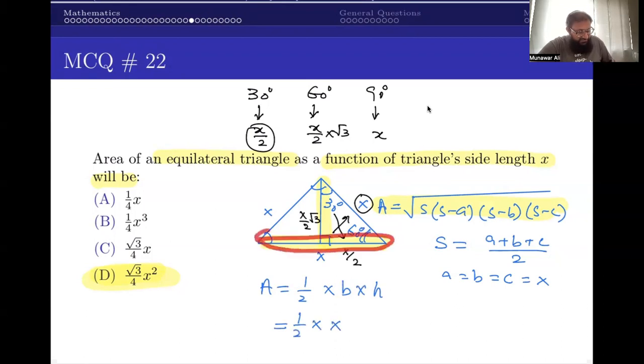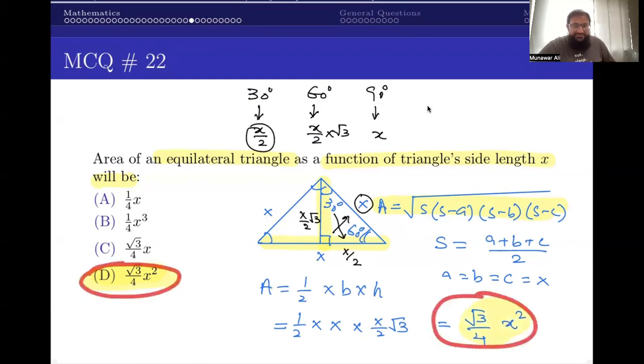This whole length from here to here is x, and height is going to be x by 2 times square root of 3. So this becomes square root of 3 divided by 4 times x square. So the correct option is D. It's simple.